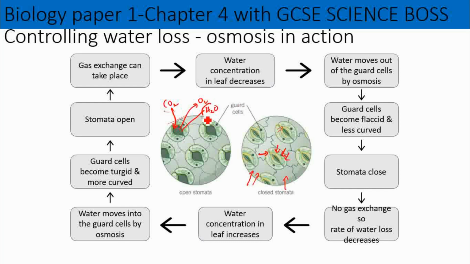The plant needs to minimize that movement of water, and to minimize it, this is done through the guard cells, through osmosis. So when water is lost, the guard cells become flaccid, less curved, the stomata closes, water builds up, then they become turgid and more curved, then it opens up and the whole process continues.